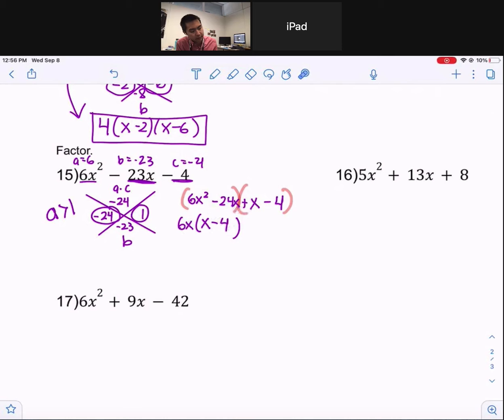So no more x. So there's that one. This grouping, because you cannot factor out anything from x or negative 4, the only thing you can put then is a plus 1. x minus 4. And look, you guys, they match. So that means x minus 4 times 6x plus 1.